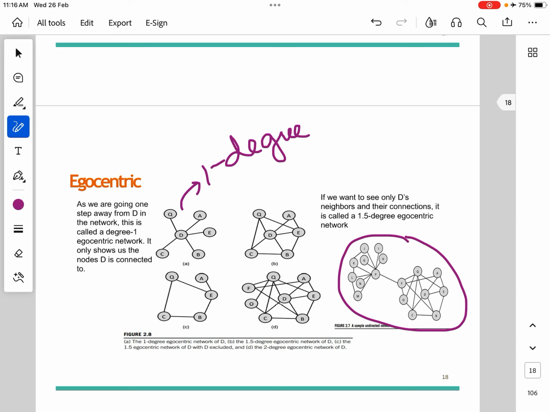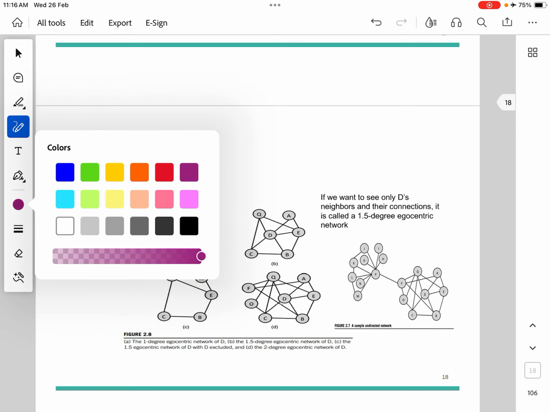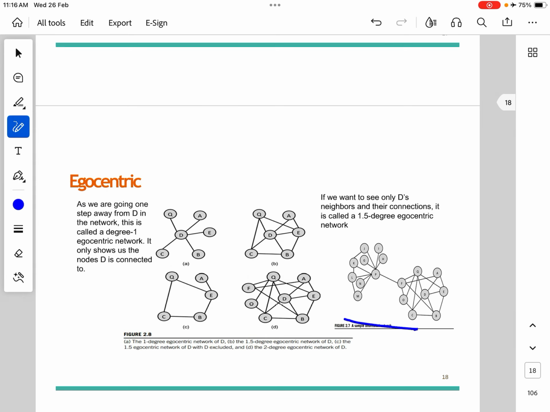So in a 1 degree egocentric network, 1 degree of D is its immediate neighbors, that is A, E, B, Q, C. This is 1 degree.